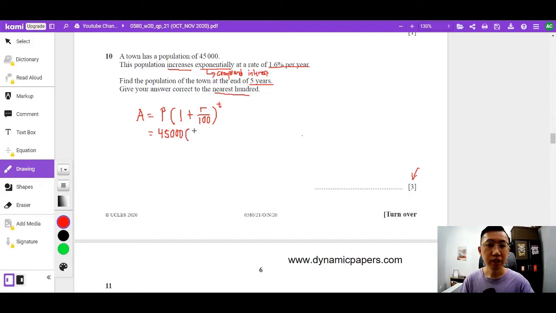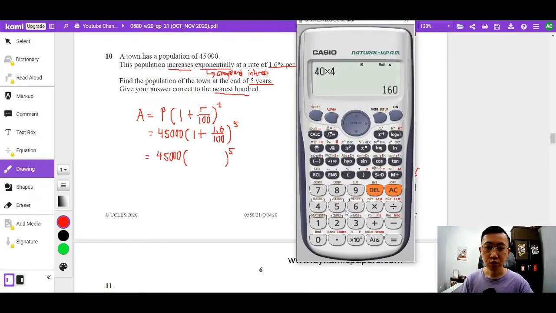Copy from the formula, 1 plus, what is our interest rate? 1.6. So we have to show working. I have to show all the working steps. T is time, so it's given to us, 5 years. Put on top. From here, copy 45,000 first. Now we are going to settle what is inside this bracket right here. So you have to be hardworking with the working.